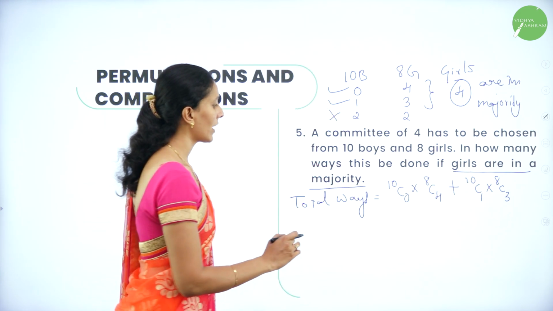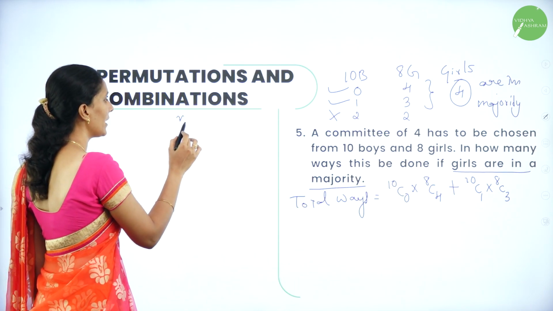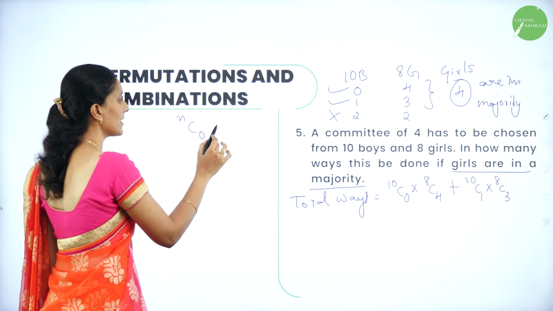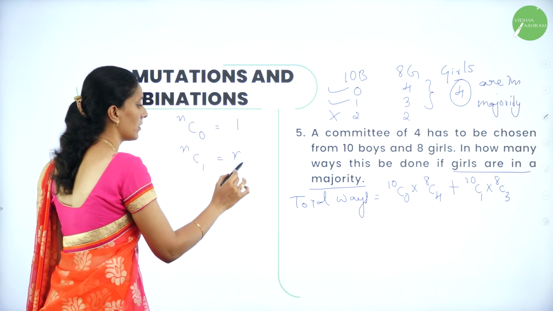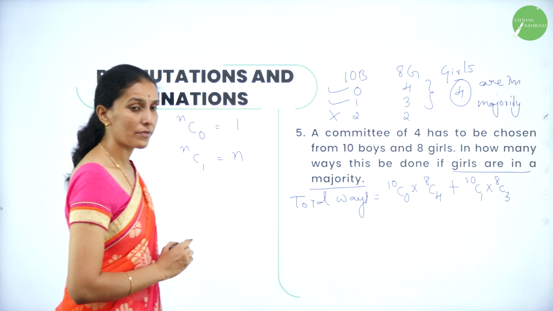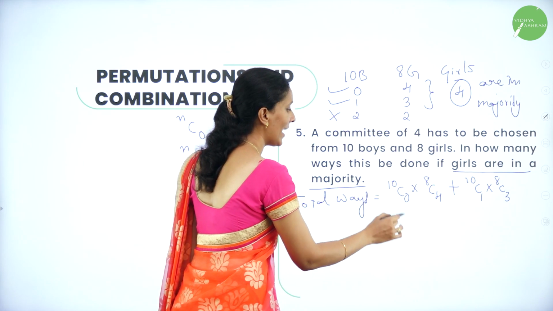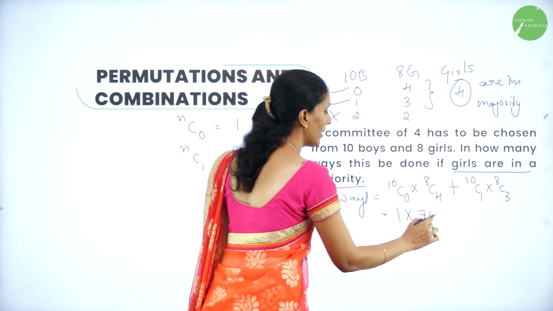So now coming to the calculation, we have 10C0. Remember the property of a combination: when it is NC0, it is 1, and when it is NC1, it is N. We'll use these properties. It will help us for this calculation. So my 10C0 is 1 and 8C4 is 70.